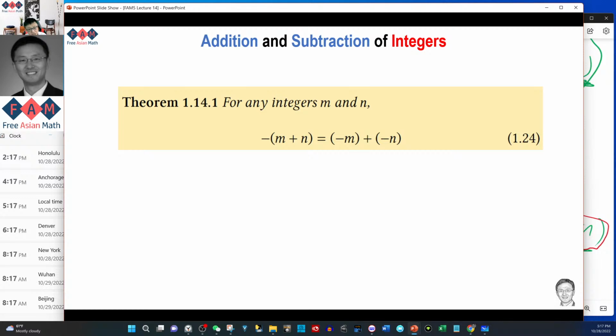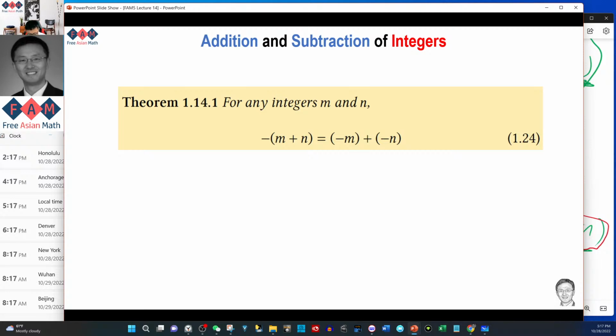So if m is negative, then the negation of m, what's inside the first parenthesis on the right hand side, will become a positive. Okay, so we just have this theorem down. The negation of the sum is the sum of the negations. Remember here both m and n will be negated.